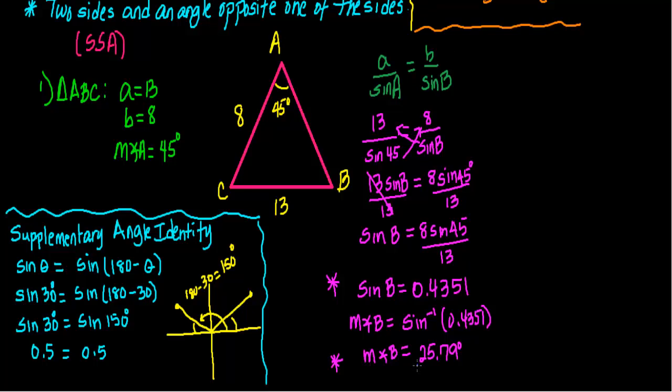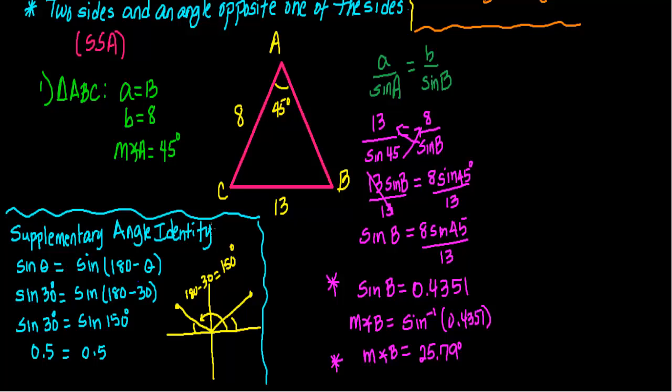I calculated an angle of 25.79. Okay, so now I need to check for the other angle whose sine is also 0.4351. This is what I mean.